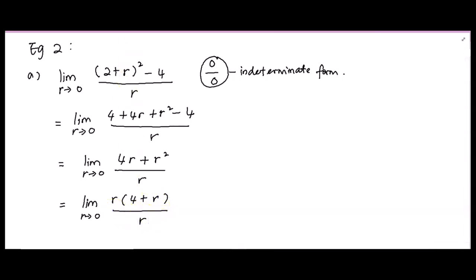So from here you can see that this r can be cancelled off. When the r cancels off, you can go back to the substitution method, which wouldn't give you the indeterminate form. So now you can just put r equals 0 into the r over here, you get 4 plus 0. That means your answer is 4.